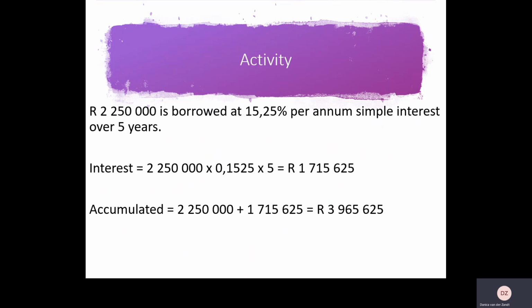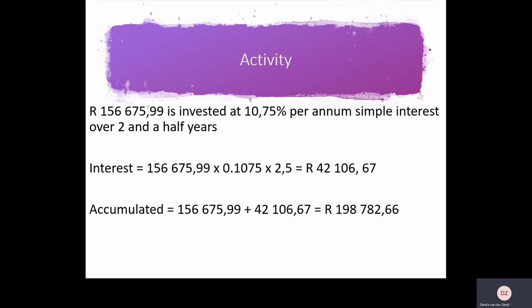Can we look at our second one? Any objections? My second one, I had 156,675 rand and 99 cents. I invested it at 10.75% per annum simple interest over 2.5 years. So my interest is the 156,675 rand and 99 cents.